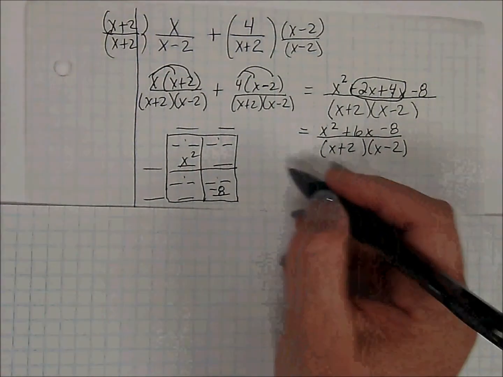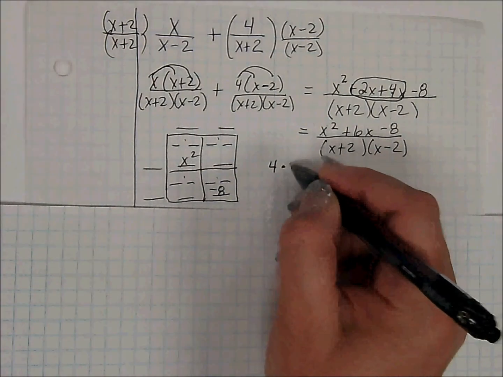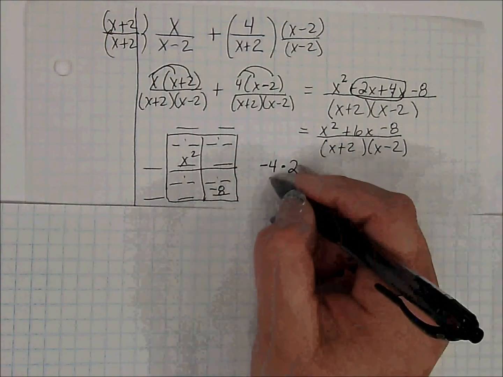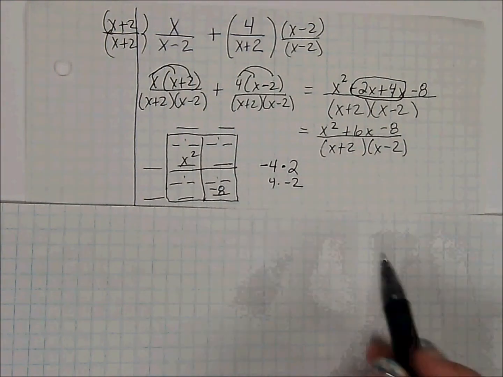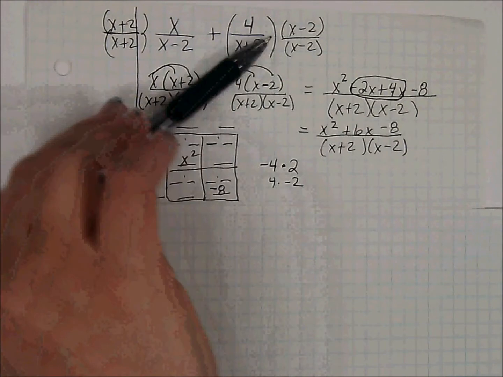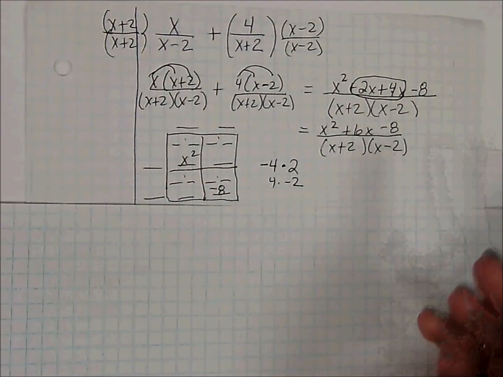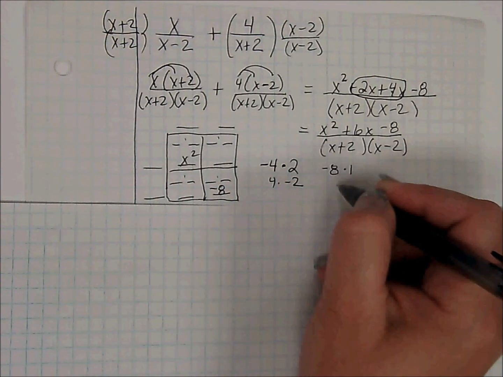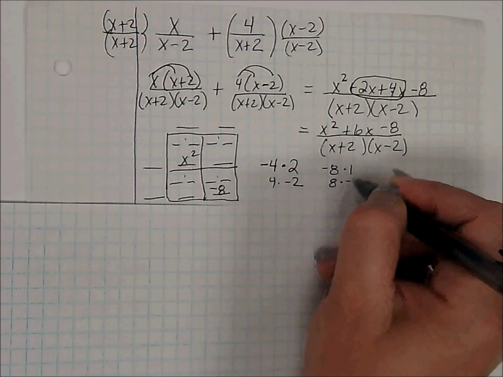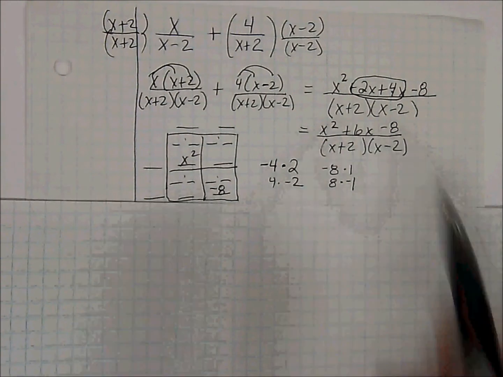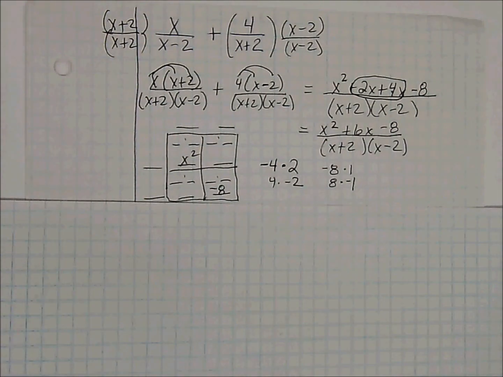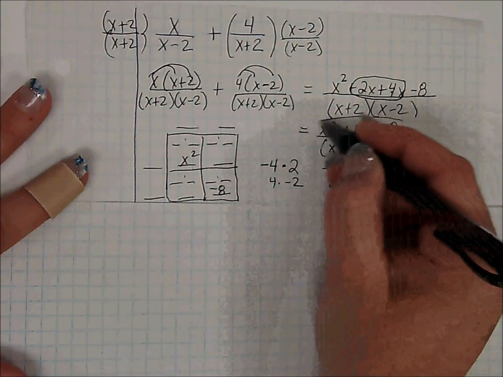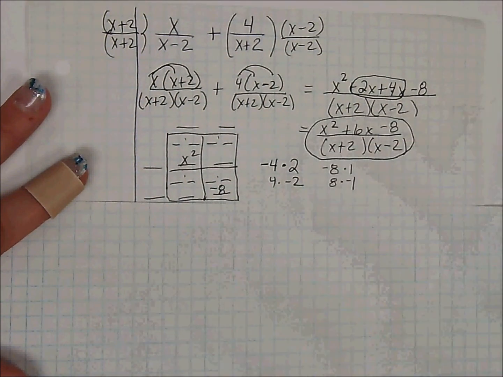I was thinking 4 and 2, and to be negative 8, it would have to be a negative 4 or a negative 2. But if I add those together, I'm not going to get a positive 6 in the middle. If I want negative 8, I could also do negative 8 times 1, or 8 times negative 1. But again, I'm not going to get the 6. And since I can't seem to figure out a way to factor this top, it must be that that's my answer.